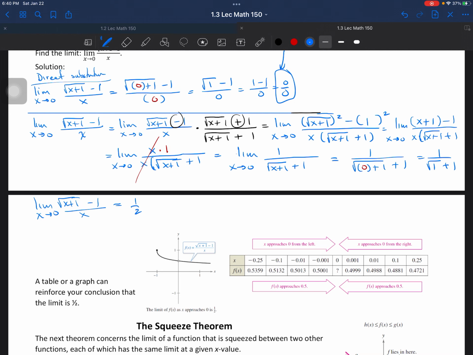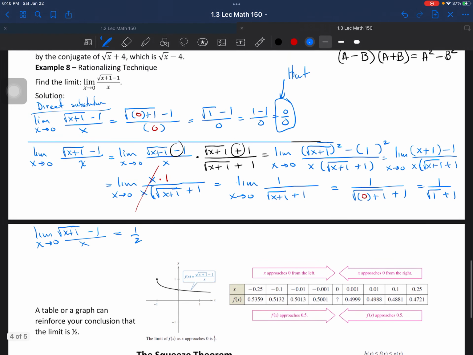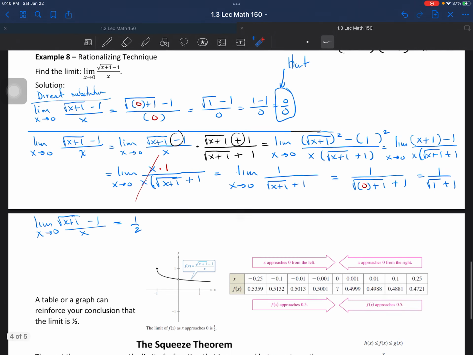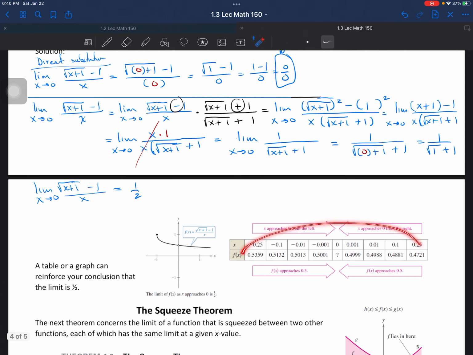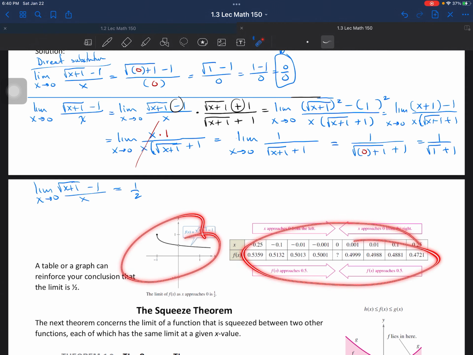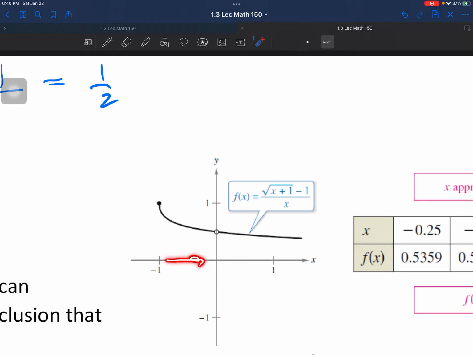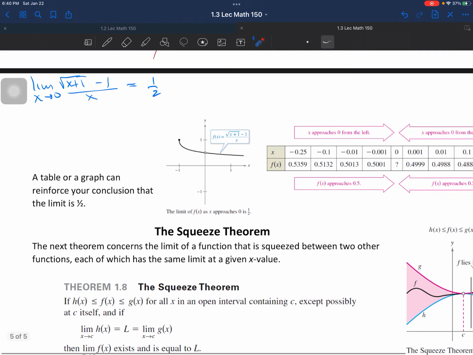And so therefore, the limit of this function is 1/2. And there you go. We can verify the same result by making a table or graphing it. We would have seen that as x goes to 0 from both directions, the value of the function is approaching y equals 1/2.